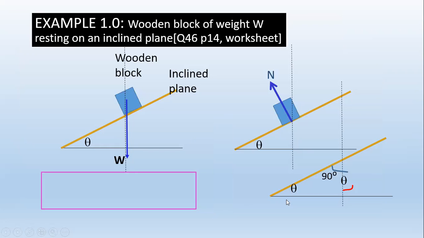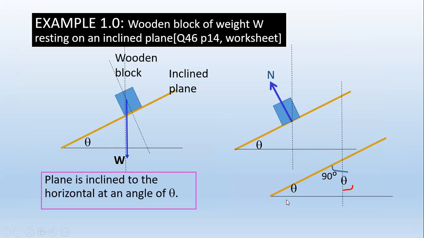Next one, as I say, you need to remember this angle. It solves faster. If this angle is theta, then the weight can be replaced with W cos theta. Or for this one, we can replace the normal force.